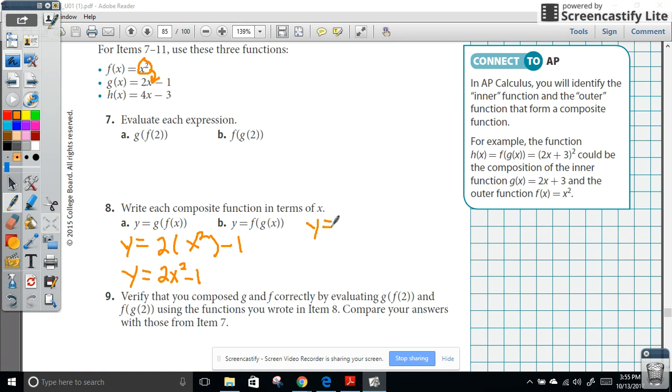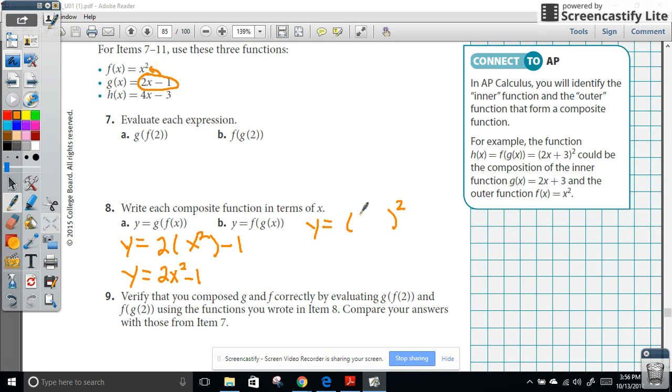Okay, do it the other way around. Rewrite the F function. The F function is just something squared. Okay, and what is the something squared? Okay, if I erase this, that something squared is, I'm going to take the G function, this right here, and I'm going to plug it in right there, and I'm going to square it.